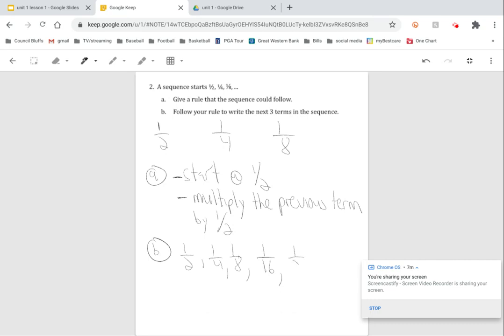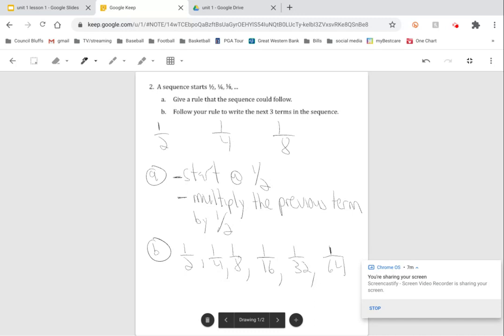Then we'll go to 1/32: 1 times 1 is 1, 16 times 2 is 32. And then the 6th term: 1 times 1 is 1, 32 times 2 is 64. So 1/32 times a half is 1/64. Excuse me.